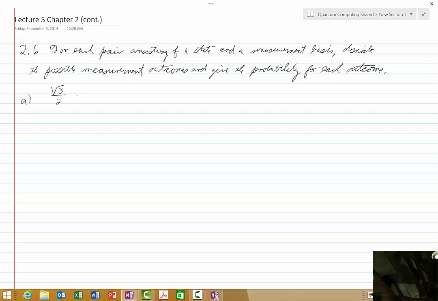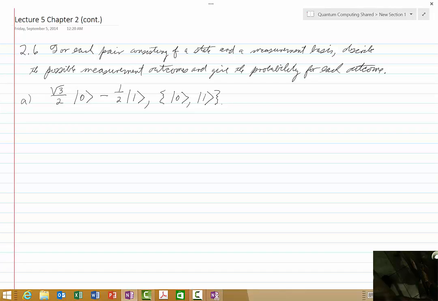The state given is square root of 3 over 2 times the 0 ket minus 1/2 times the 1 ket, and the measurement basis is the 0 ket and the 1 ket. So this is actually a very easy problem.